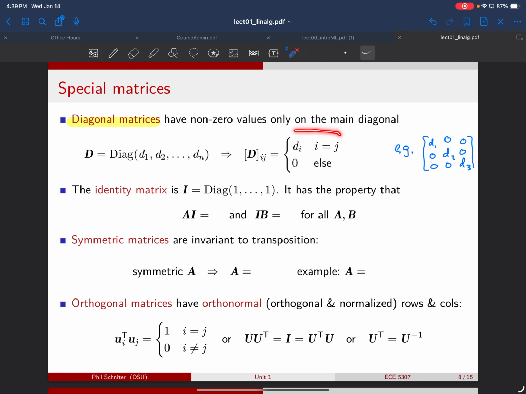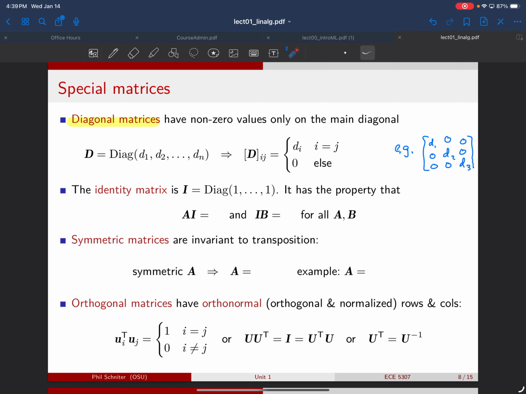And here, this is one way that we could specify this. We could say, if I look at the ith row and jth column of D, then whenever the column and row agree, which are those 3 places, I see the scalar value di, so d1, d2, d3. But if i and j do not agree, that's where this else is, then I have 0.